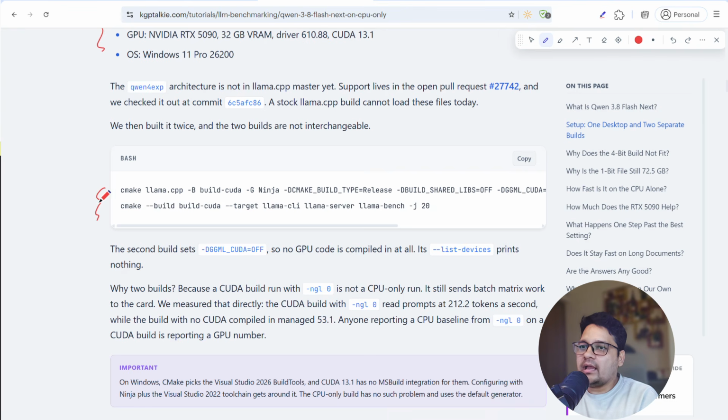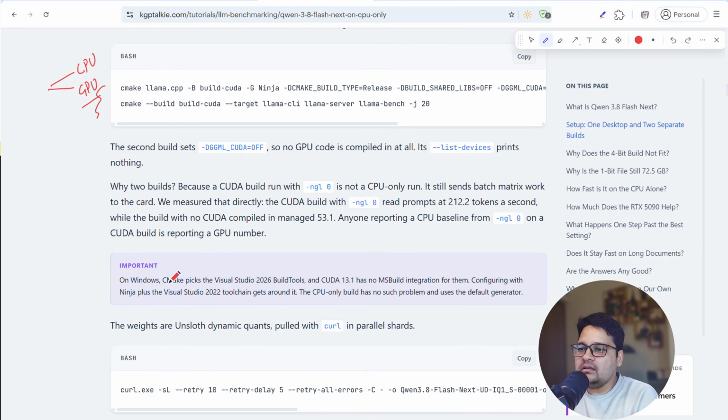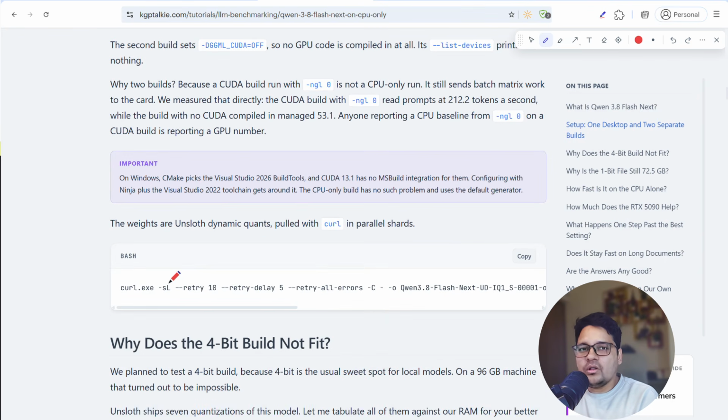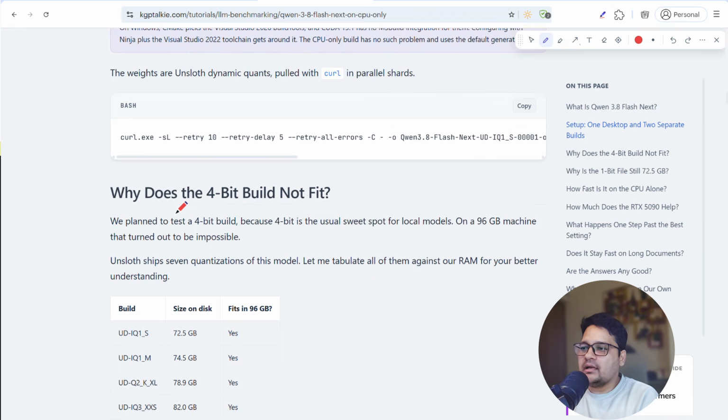I had to build it for two reasons: I wanted to build it for CPU alone, and also for the GPU as well. Why? Because by default, if you try to run llama server or llama.cpp, it is automatically going to use the GPU. So you have to make sure you build it without GPU. Otherwise, it will automatically use CUDA behind the scenes and you might not know. So all these precautions I have already taken while doing my benchmarking.